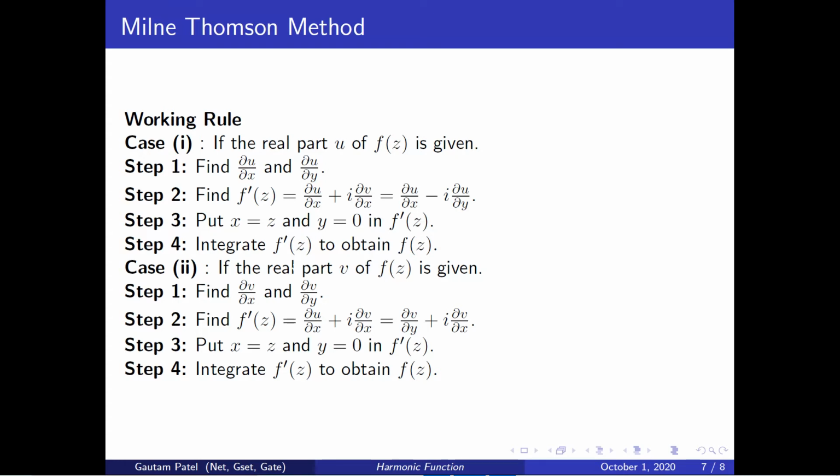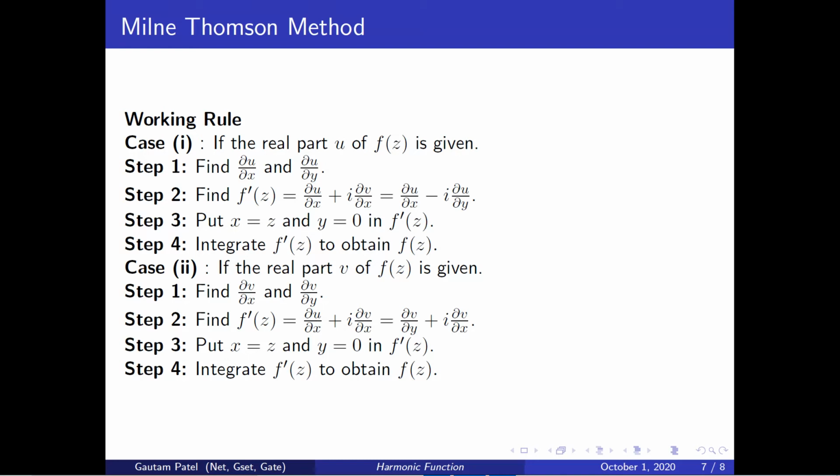Now if it is the imaginary part, not the real part, v of f of z is given, then find del v by del x and del v by del y. Find f dash z, which equals del u by del x plus i del v by del x. Now apply the CR condition, so we get del u by del x is del v by del y, and f dash z is del v by del y plus i del v by del x.